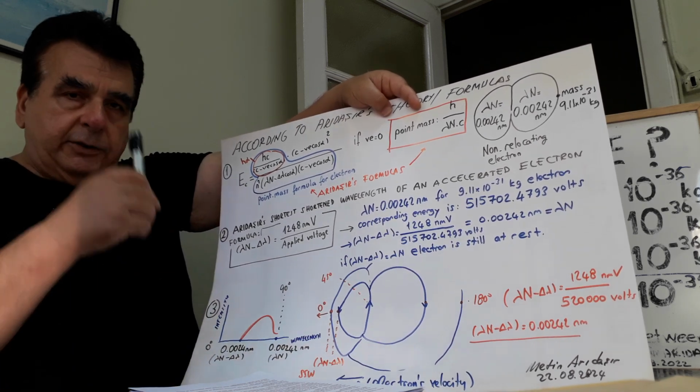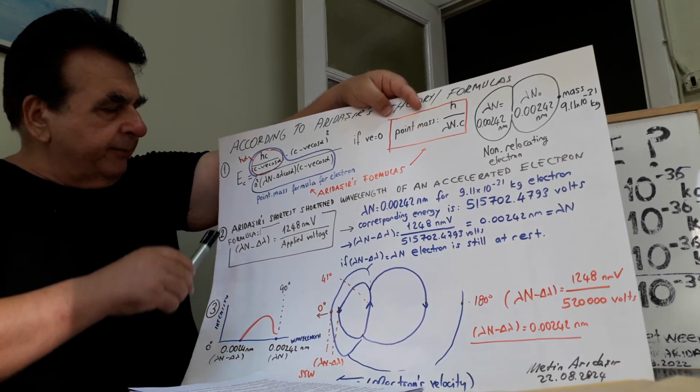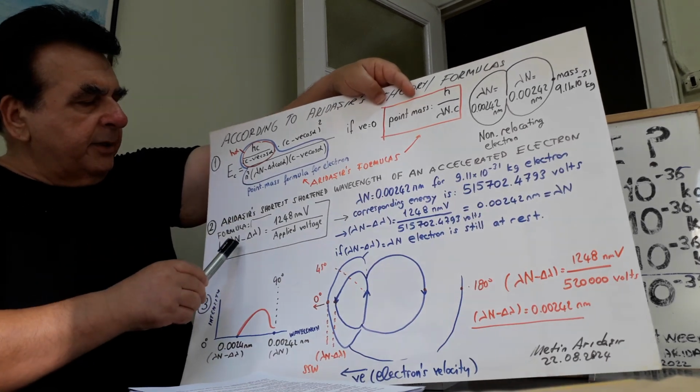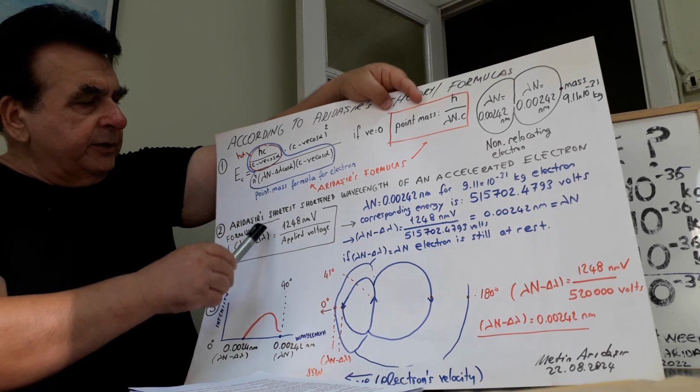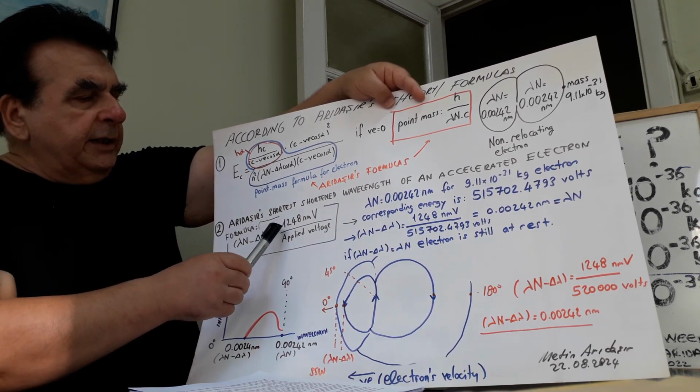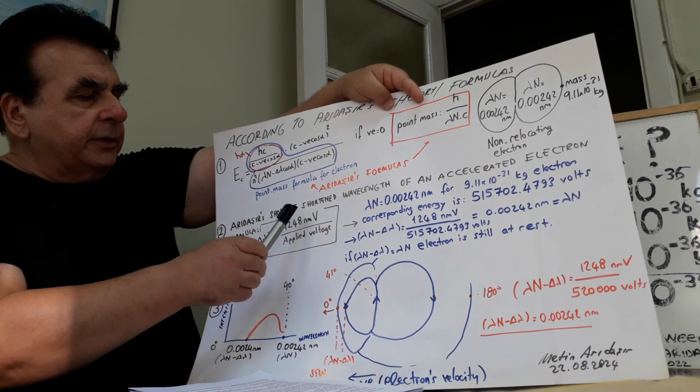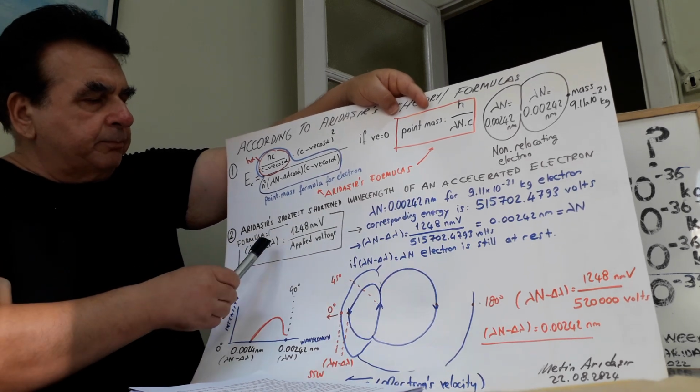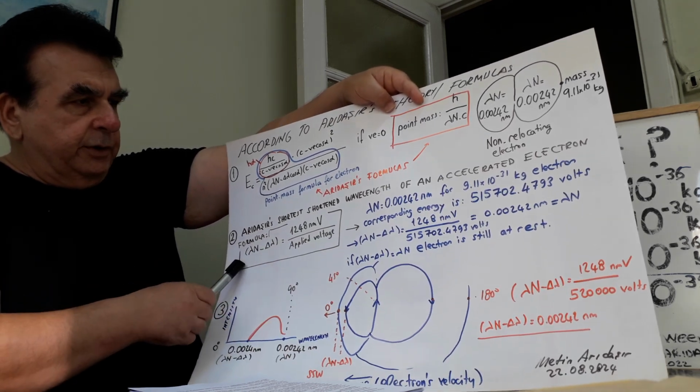Okay, as I explained to you before, this is my formula. Lambda normal minus delta lambda, the shortened wavelength, is equal to 1.248 nanometer-voltage divided by applied voltage.